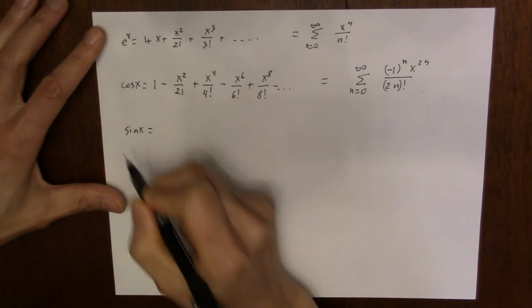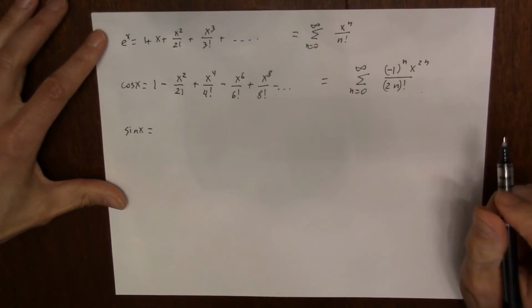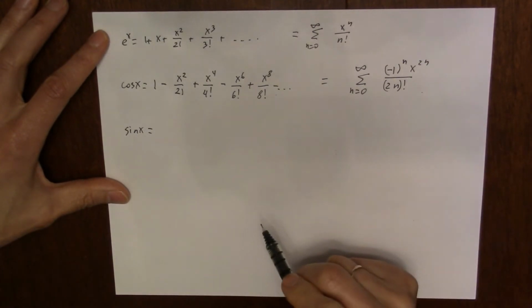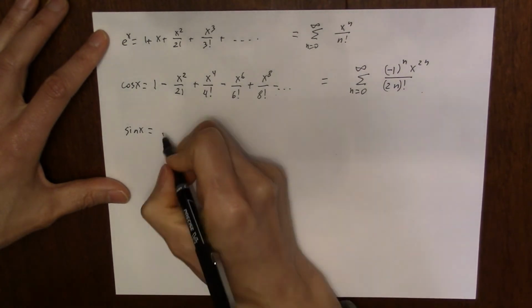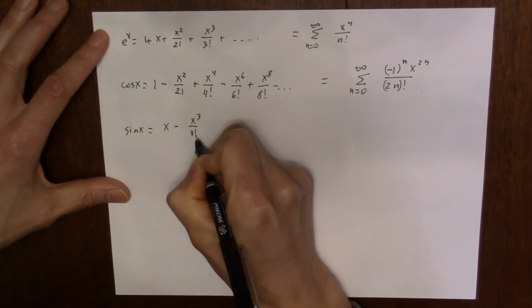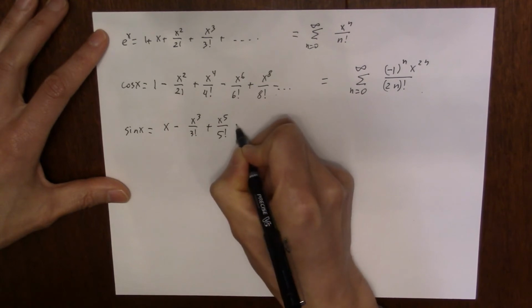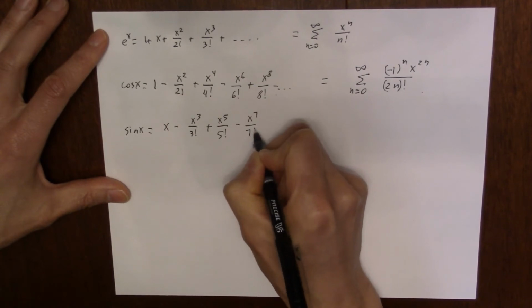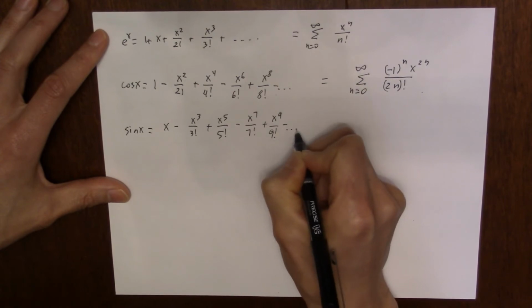Similar series for sine x. The Maclaurin series for sine x is going to be, instead of going by even powers as we did for cosine, we'll go by odd powers for sine, and we're going to get x minus x cubed over 3 factorial plus x to 5 over 5 factorial minus x to 7 over 7 factorial plus x to 9 over 9 factorial minus and so on.